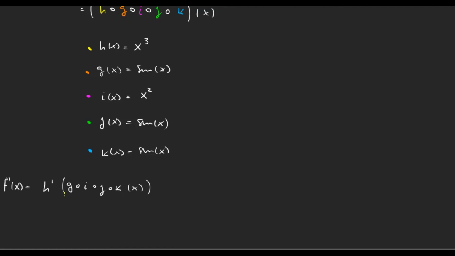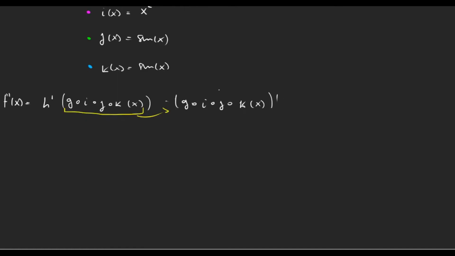And now we take all this and we have to differentiate it, so multiplied by the derivative of g composed with i, with j, with k in x. But now we have this derivative, and again we have to use the chain rule.